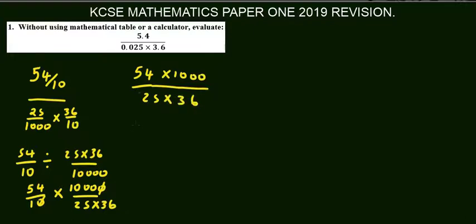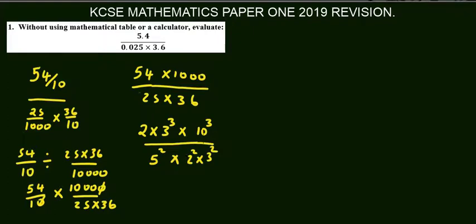So at this particular point, we will factorize each and every number. 54 factorized becomes 2 times 3 cubed, times 10 cubed, all over 25 factorized, we get 5 squared, and for 36 we have 2 squared by 3 squared.